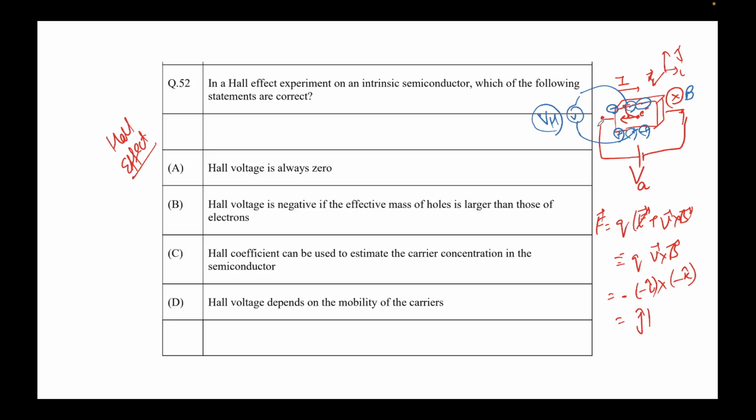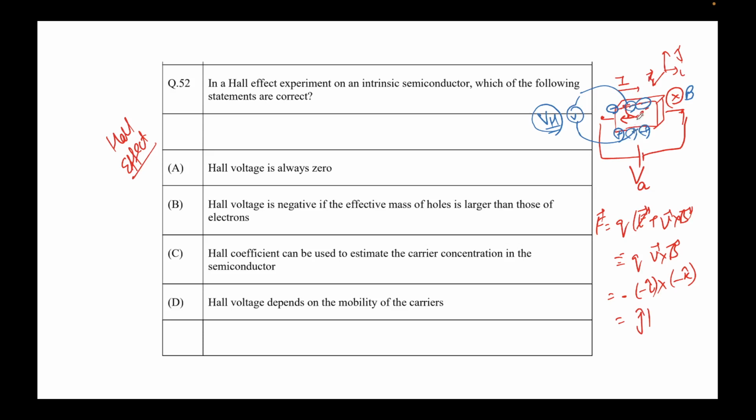So you see, if it were an electron, it will go here, correct? However, if it was a hole, where will it go? Can somebody tell me? Lower phase, correct?